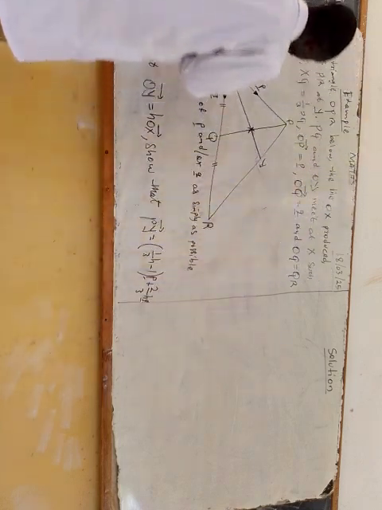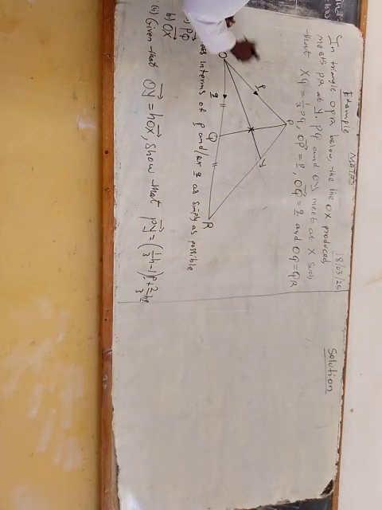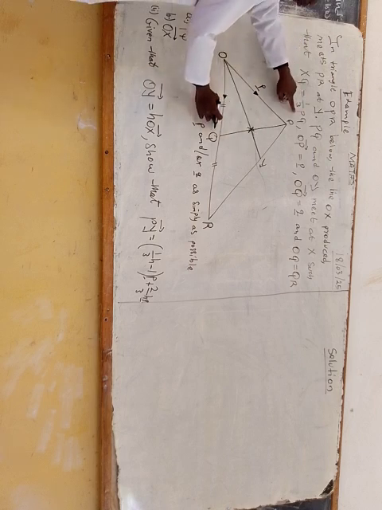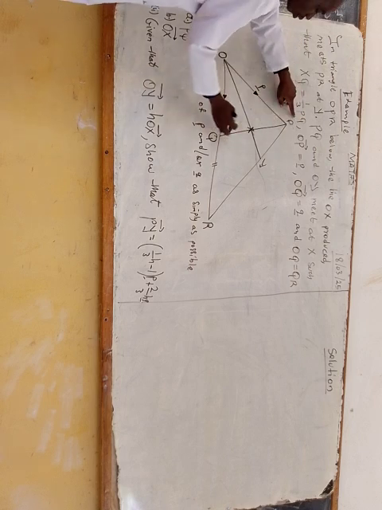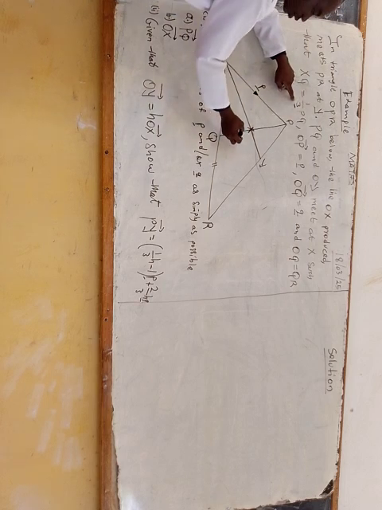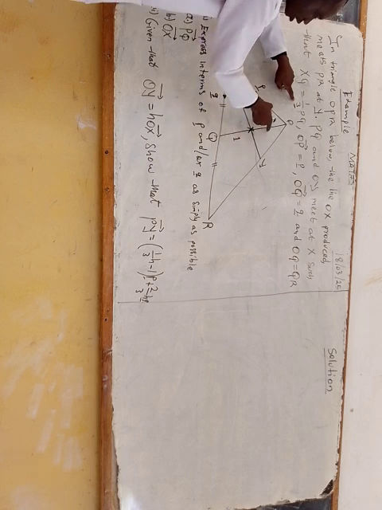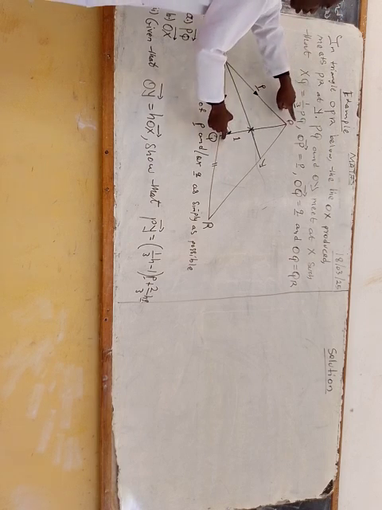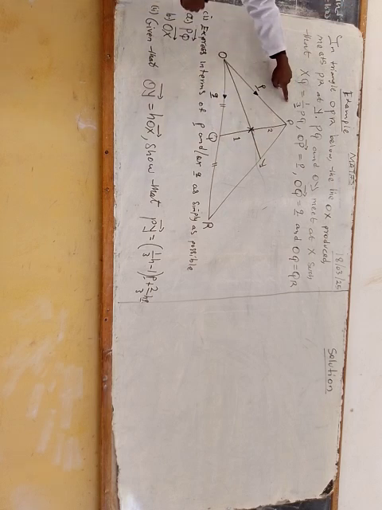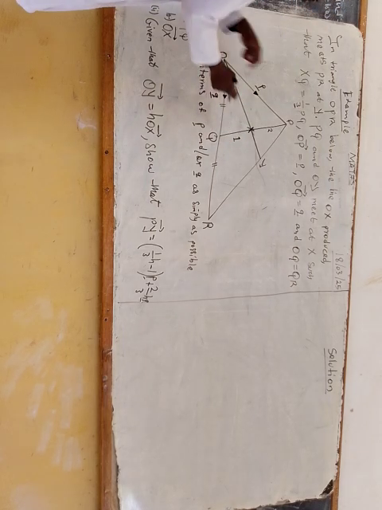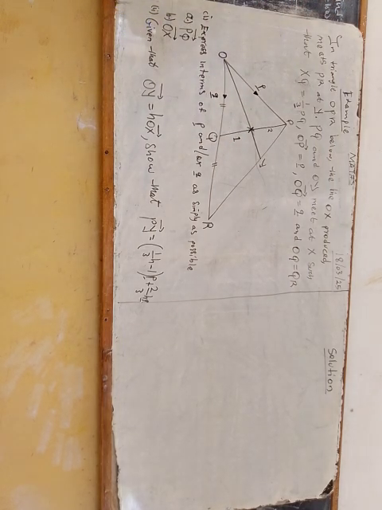So if we were to put ratios, if XQ is 1/3 of PQ, meaning the total is 3. So if this is 1, then for it to make 3, here it's 2. That's what it means.